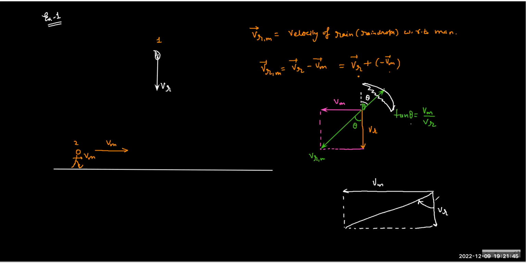Okay, there are two types of question you will come across. When you know the direction of these two components, you use the vector triangle to draw it and you get the answer. But sometimes, in fact, in most of the questions, they will mention it.